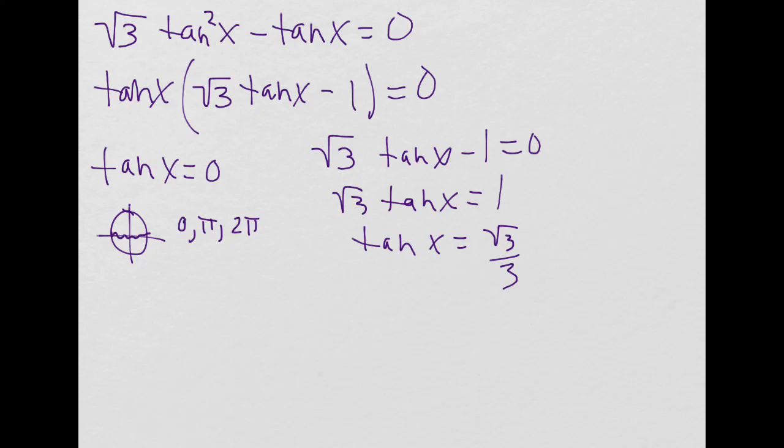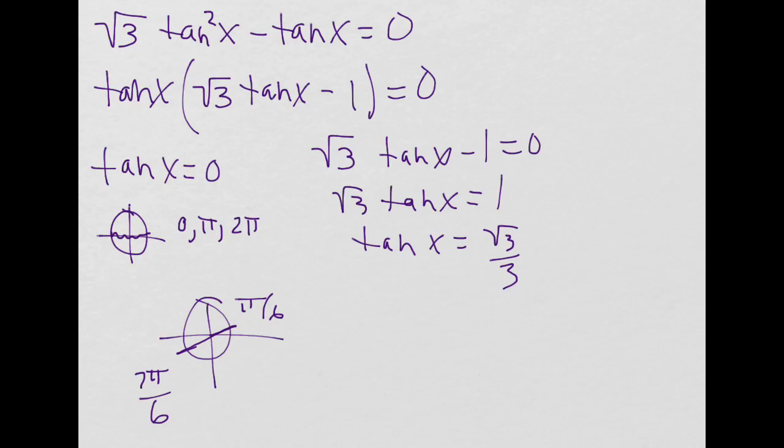So again, you're asking yourself, with your little unit circle, when is the tangent of x equal to root 3 over 3? Well, we've already talked about that. That's going to happen at pi over 6 and 7 pi over 6. So you found your 5 solutions: 0, pi, 2 pi, pi over 6, and 7 pi over 6.